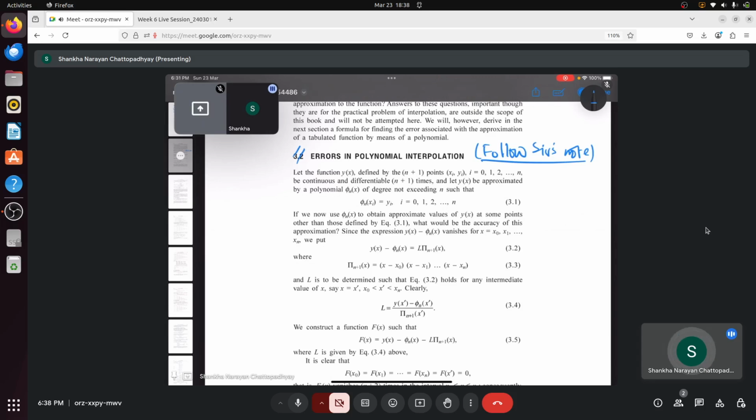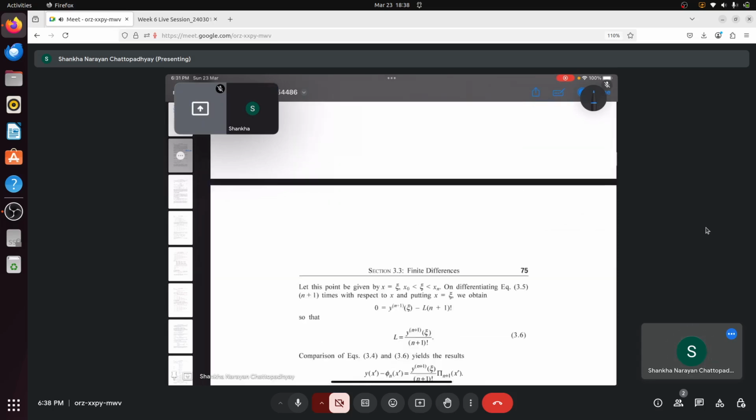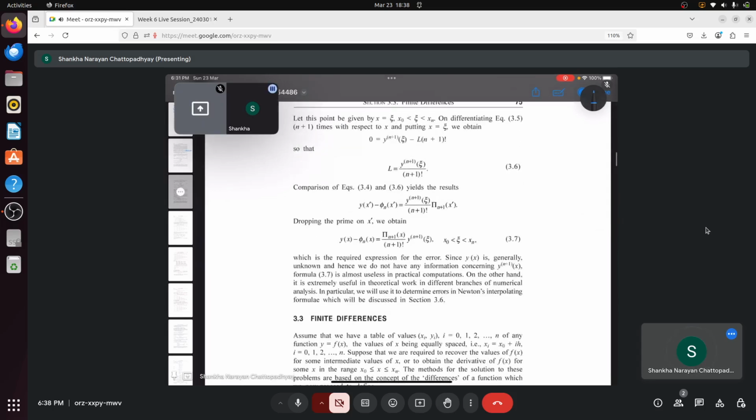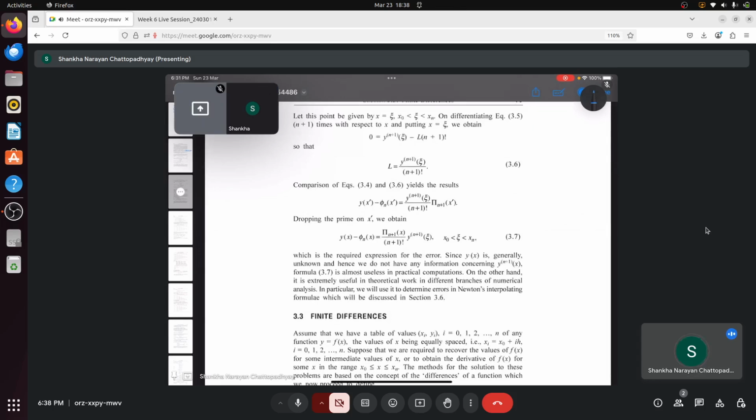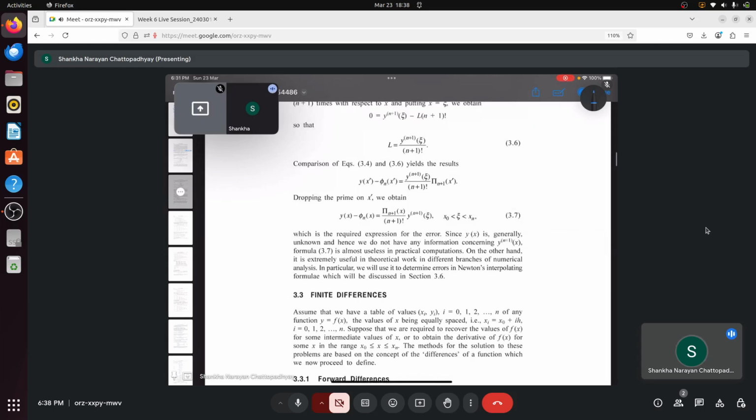We want to learn numerical analysis so that we can minimize that sort of error. This is the formula for error. I will not go into those details, I will just skip those things.